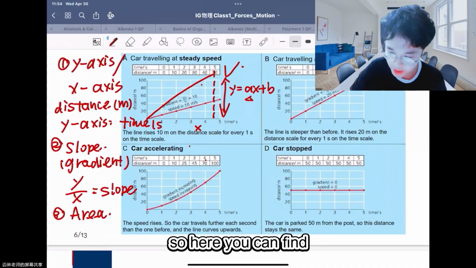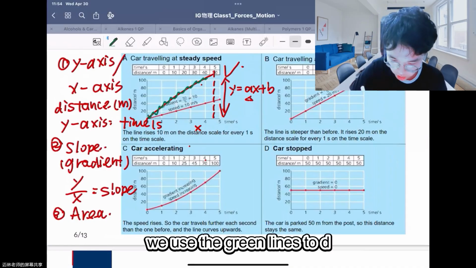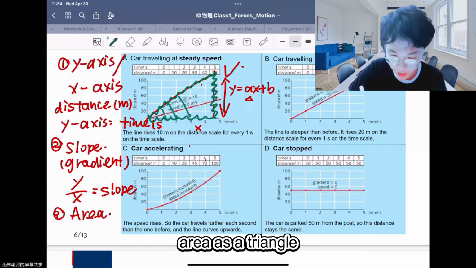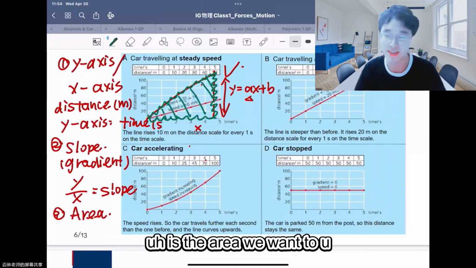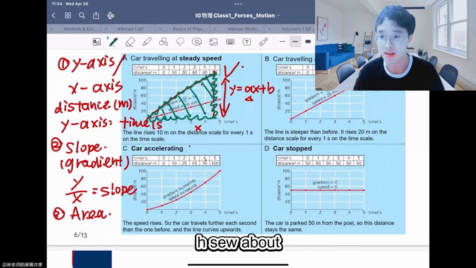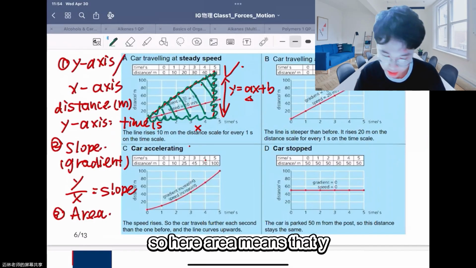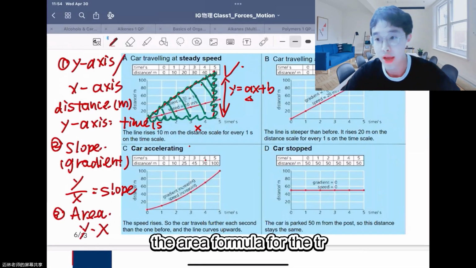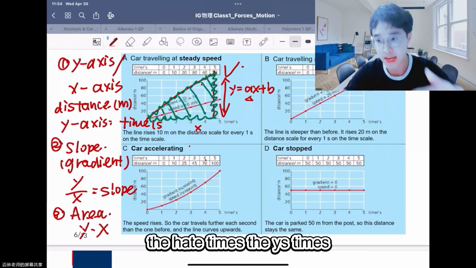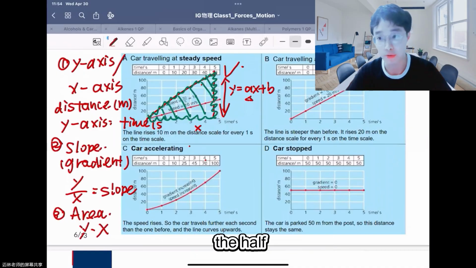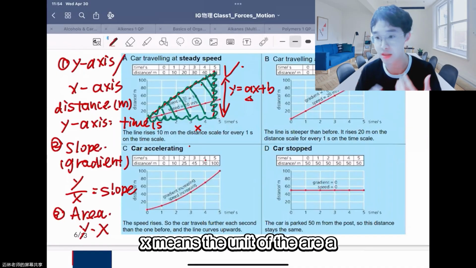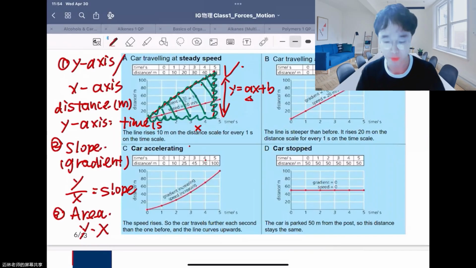Here we use the green lines to describe the area. We surround the gray area as a triangle, and it's the area we want to solve for. Using the area formula for the triangle, the height times the base times a half equals the area of the triangle. So area means y times x, which gives the units of the area.